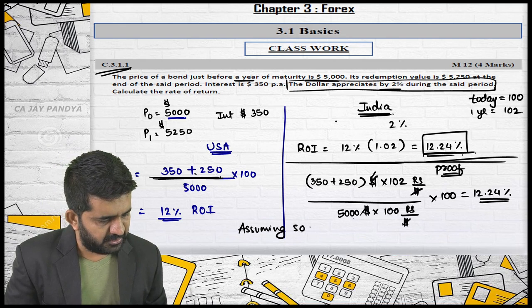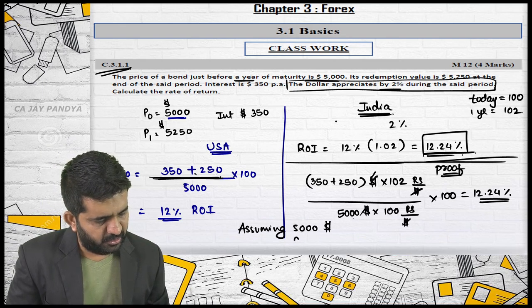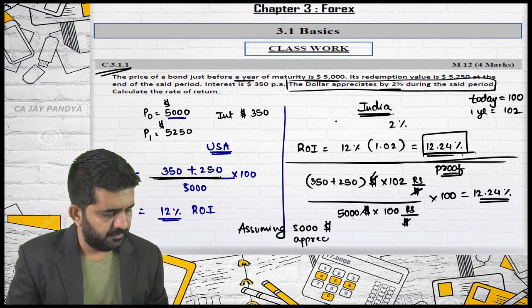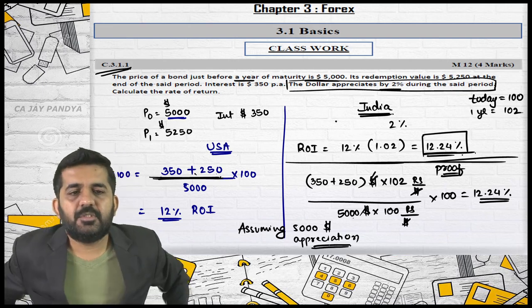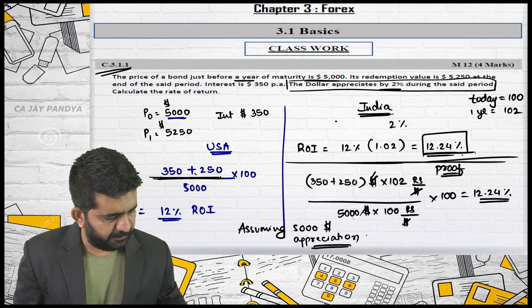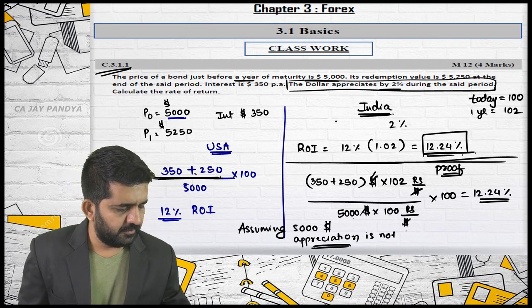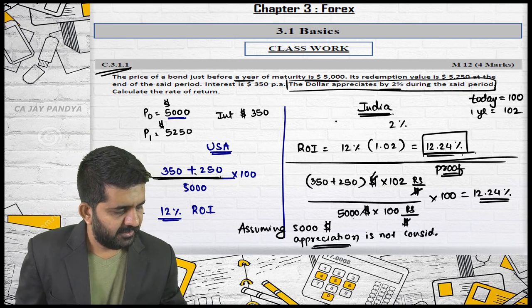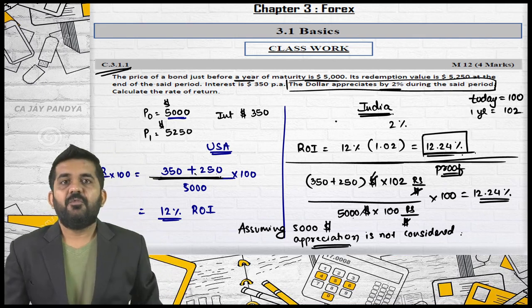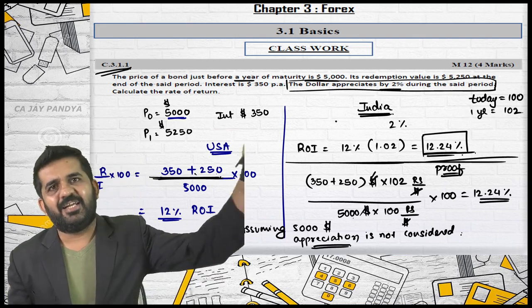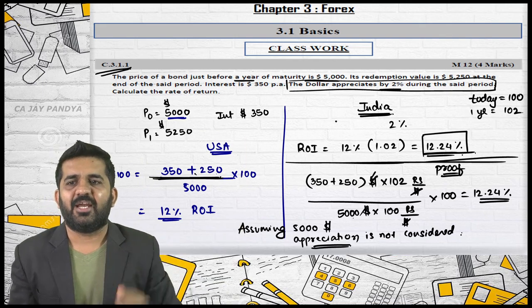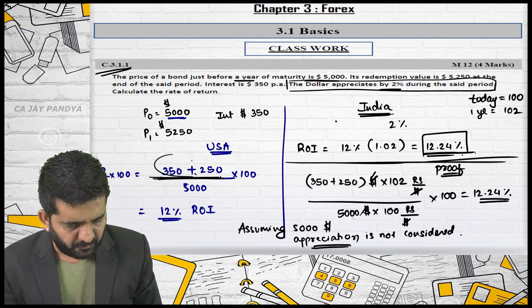We are not considering $5,000 appreciation. That is, we have invested in rupees only. It was converted into dollars and then it was invested in US, and what we are getting back is rupees only in terms of return.